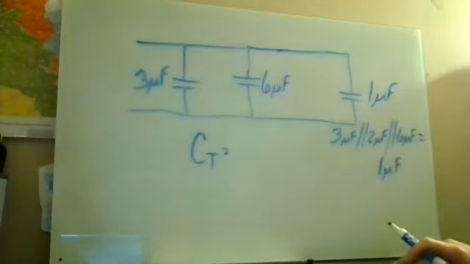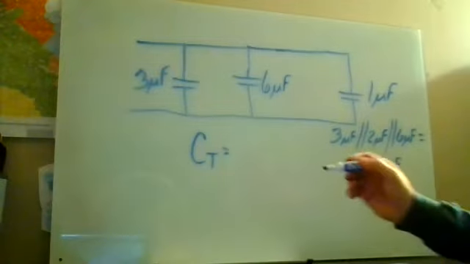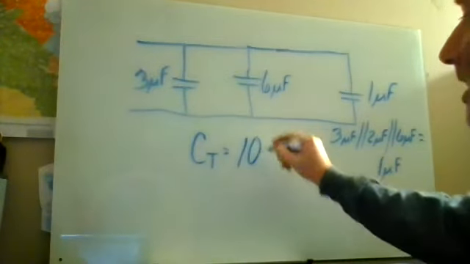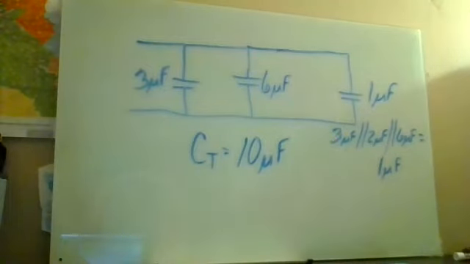Because I just figured it out. What do I have now? Now I have a 3 microfarad, a 6 microfarad, and a 1 microfarad in parallel. How do I find C total in parallel? I just add them up, and what do I get? 10. So my C total for that circuit was 10 microfarads.